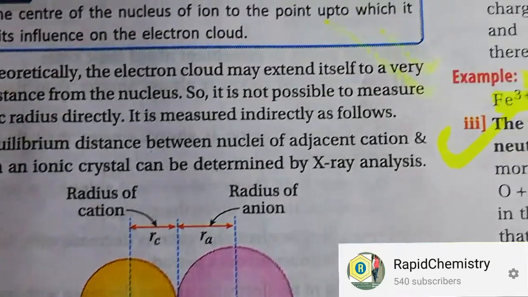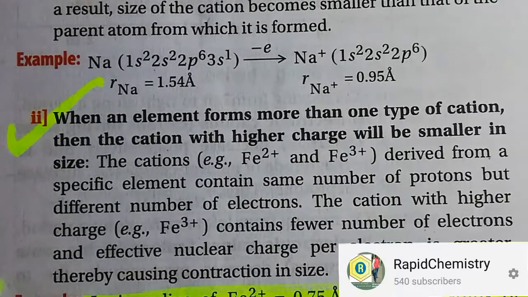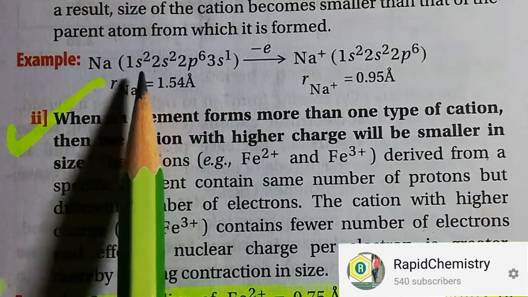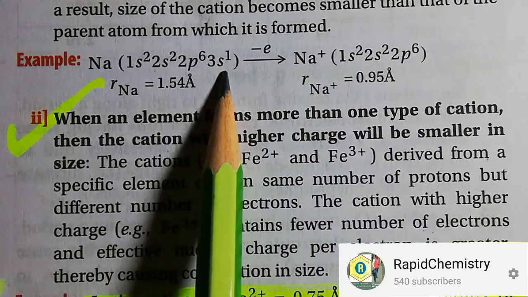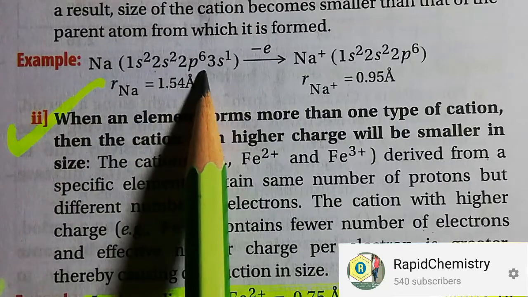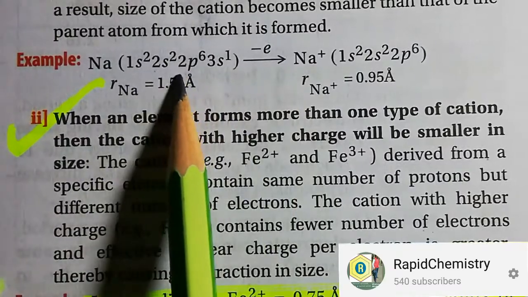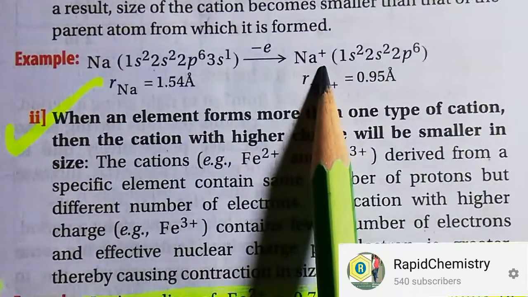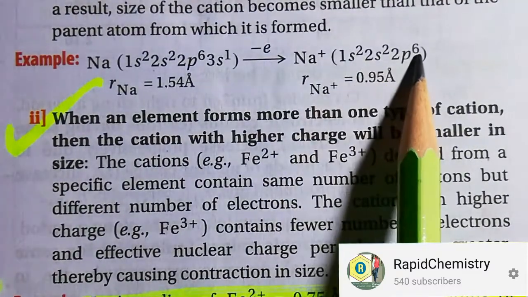Let us consider here sodium ion and sodium atom. So we know sodium has the electronic configuration 1s2, 2s2, 2p6, 3s1. Okay, so that is the electronic configuration of sodium, and whenever one electron is lost from the outermost shell of sodium, we get Na+. Na+ has the electronic configuration 1s2, 2s2, 2p6.